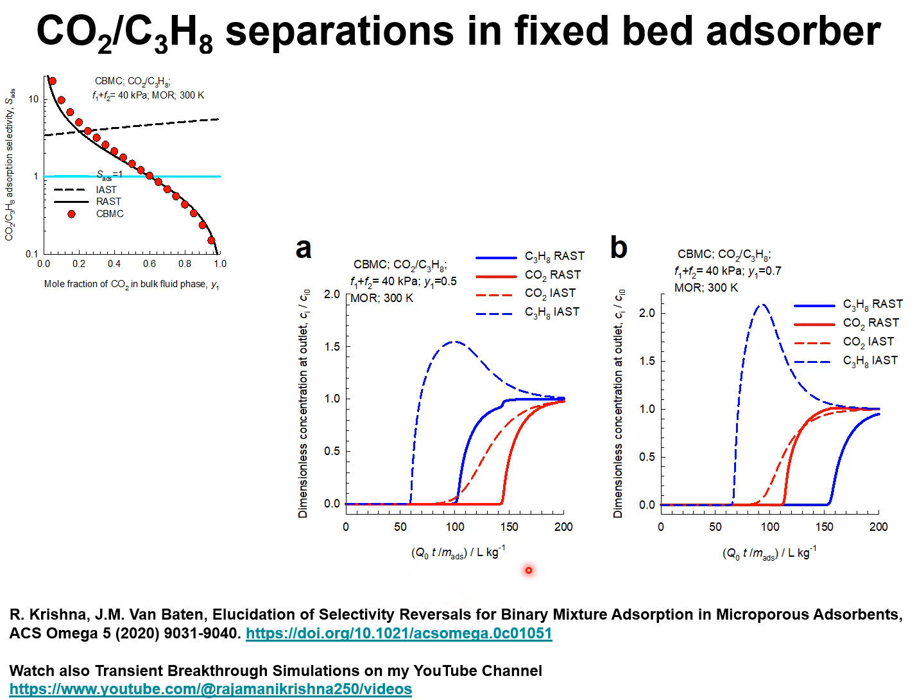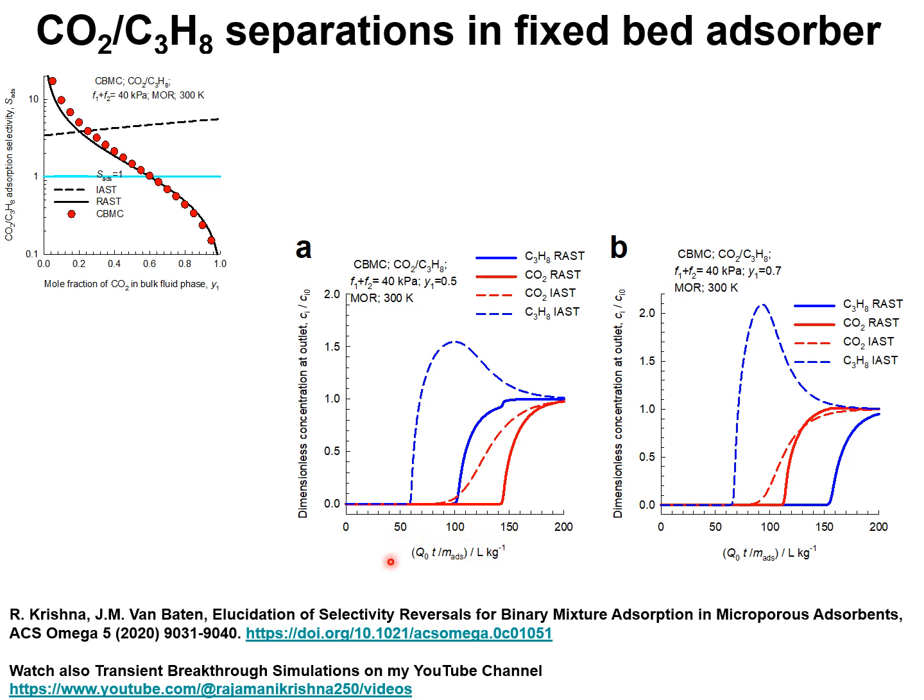The x-axis used in representing the breakthrough simulation is a modified time axis, where t is the time in seconds, Q0 is the flow rate of the feed mixture at the inlet in units of liters per second, and m_ads is the mass of adsorbent, which is Mordenite, in the fixed bed adsorber in kilograms.